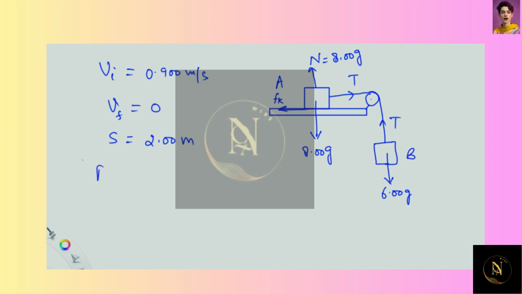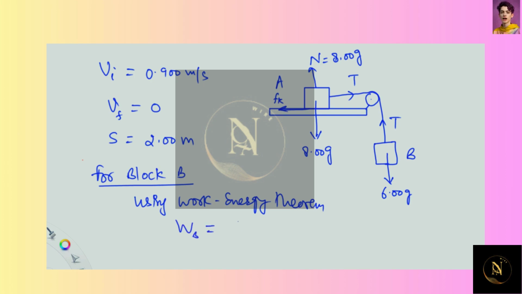So starting with block B, using the work energy theorem, the work done on this block B will be equal to the force acting on it, which is 6g downward minus tension T upward, this is the net force acting on it, multiplied by the distance travelled by it, and that should be equal to the change in its kinetic energy.